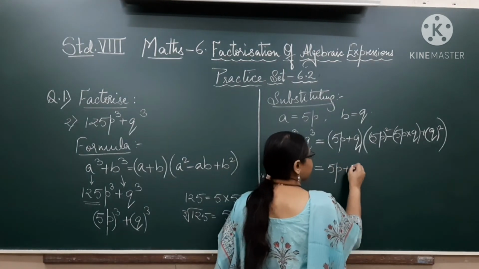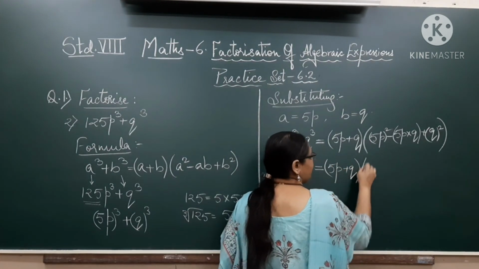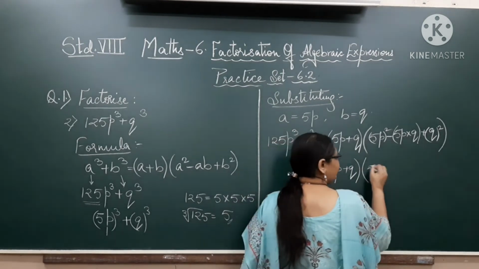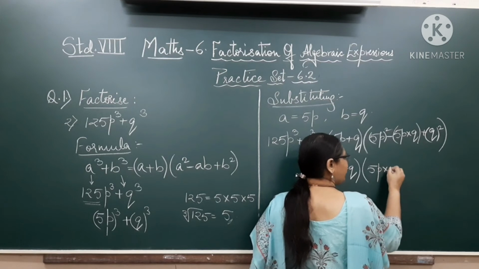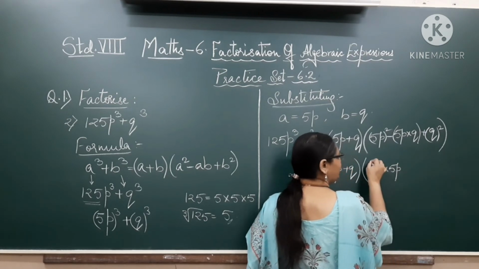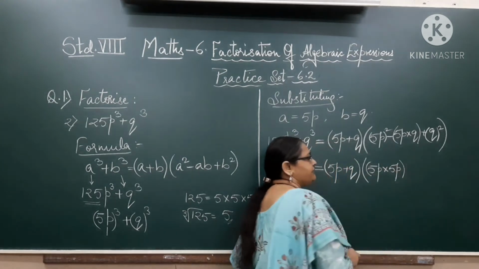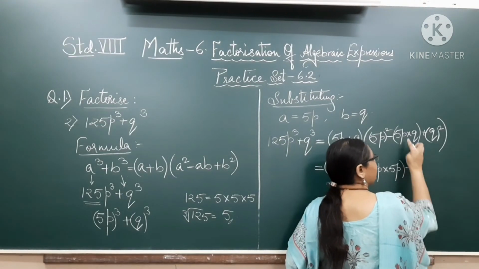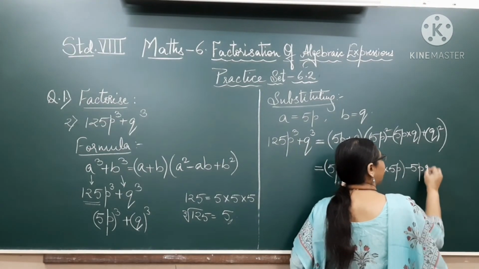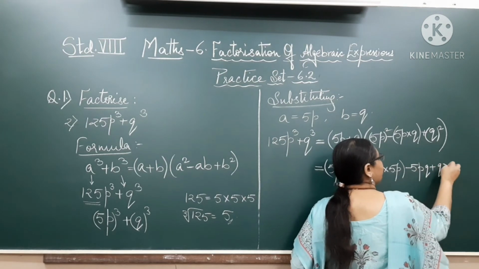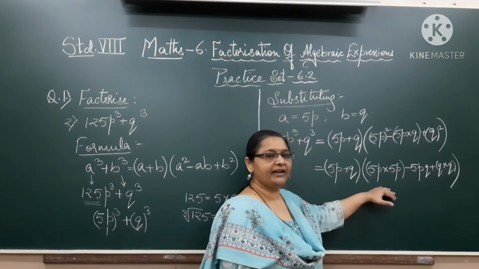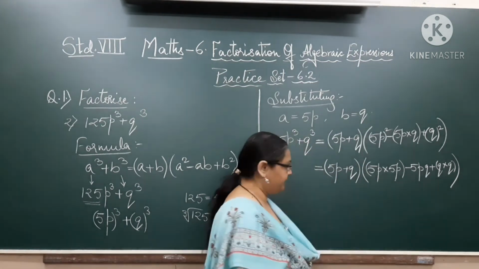So 5p plus q as it is, into 5p into 5p. Let me just expand this so that we will not go wrong. 5p into 5p is 5p square, minus 5p into q is 5pq, plus q into q. I have just expanded a little so that I will not go wrong here.